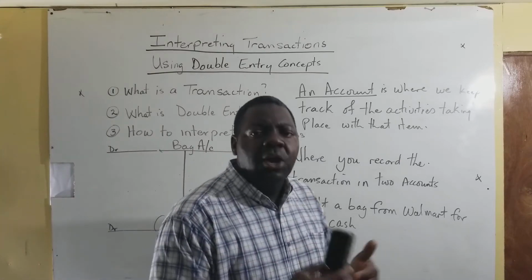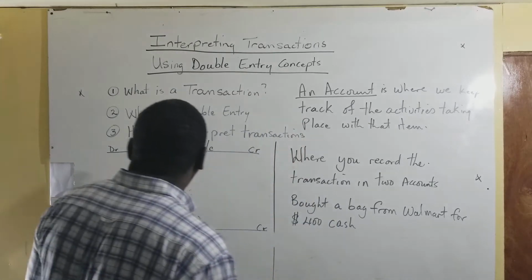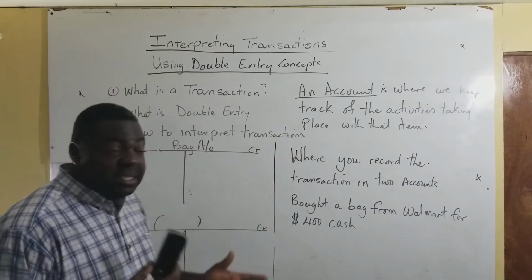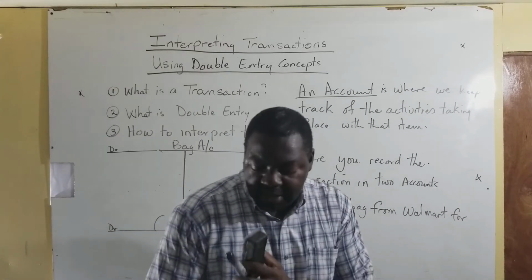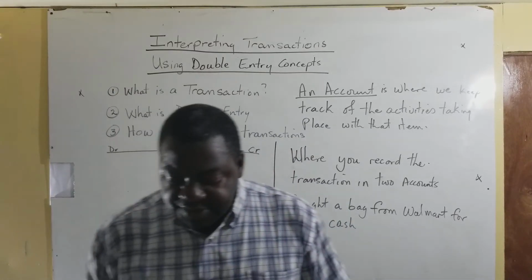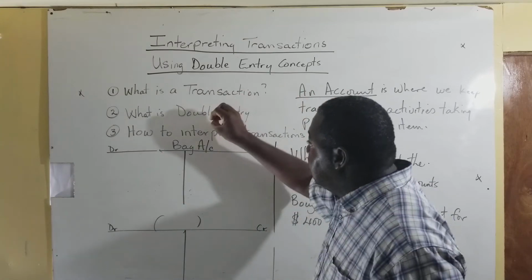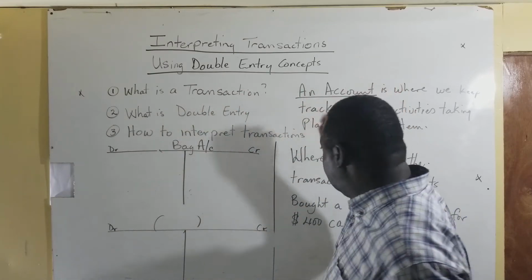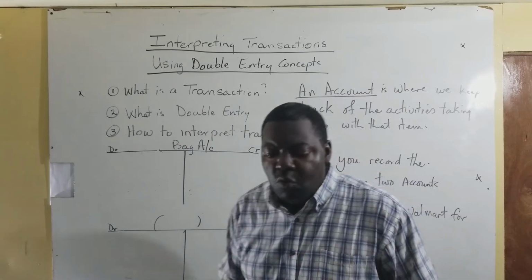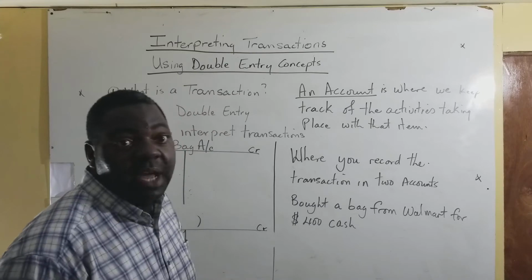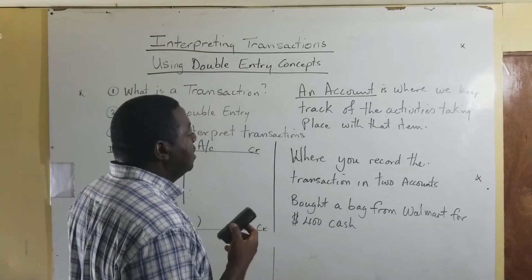So debit, then credit, or credit, then debit. All right. So now that we have understood the whole matter of double entry and what is an account, we're now going to move to look at interpreting the transactions. So let's do that.